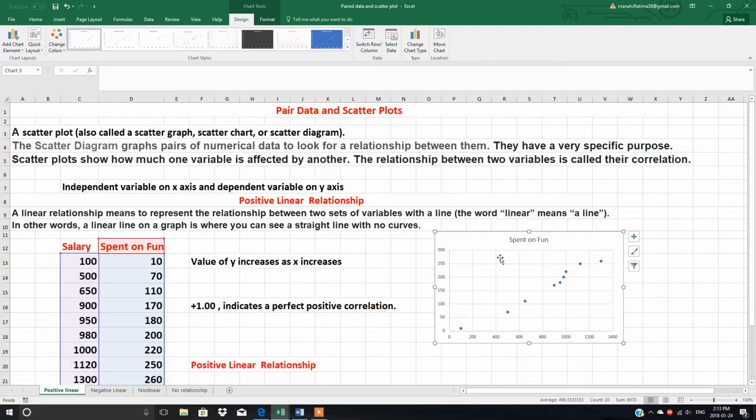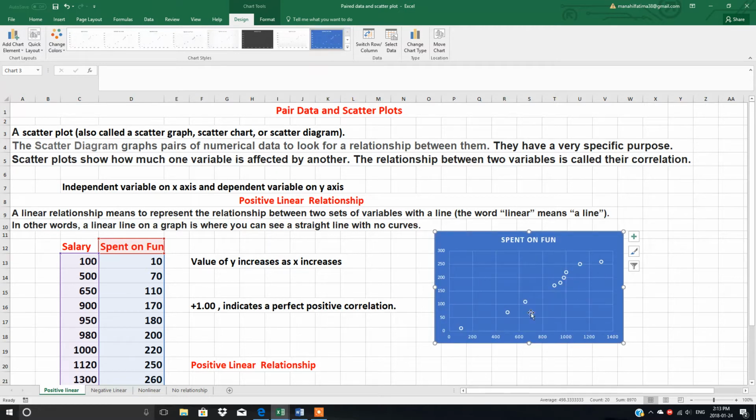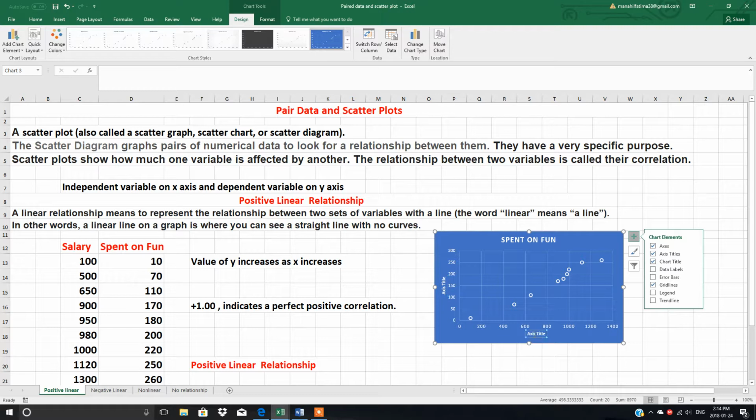If you want, from here you can change the chart style, how you want to show it to your audience. The same function you can perform from here with this plus sign. Open Add Chart Element, and then Axis Titles. Suppose you have taken salary on the x-axis, so select this and write salary here.